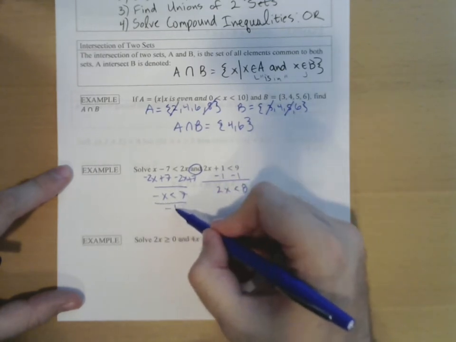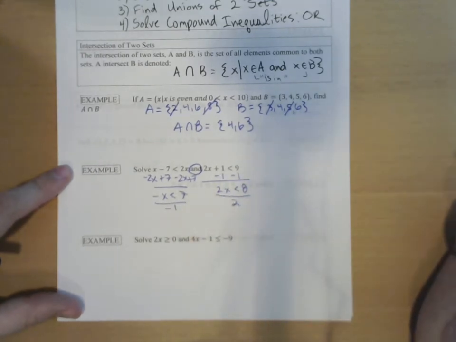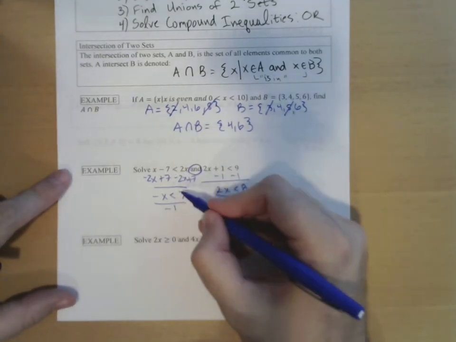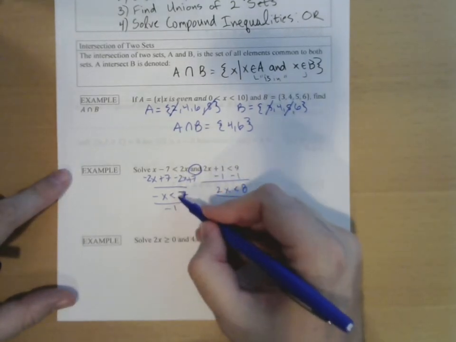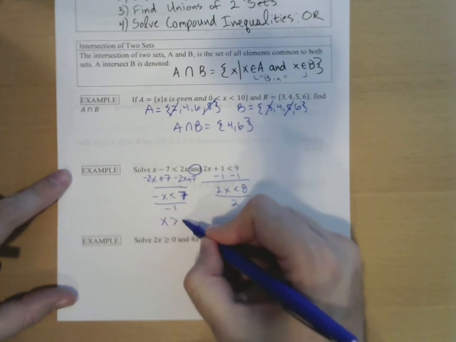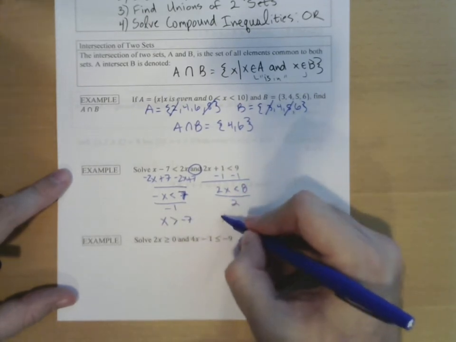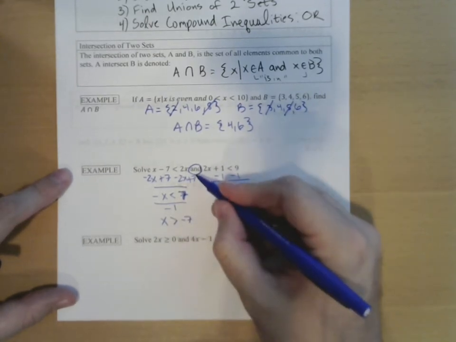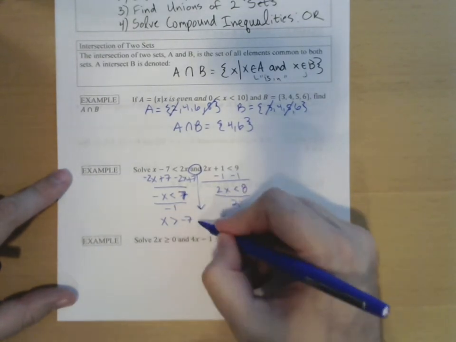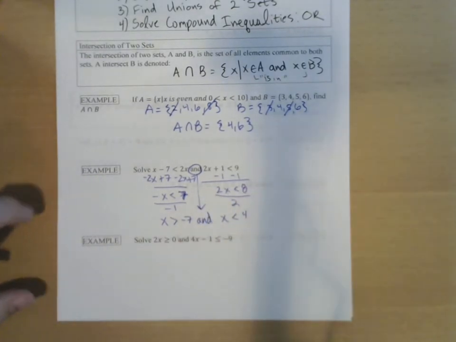So then we divide everything by negative 1, divide everything by 2. Now remember, when you divide an inequality by a negative, you have to flip your symbol. So this is x greater than negative 7, and this is x less than 4. And we take this "and" symbol, and we stick it right in there. So our solution is x is greater than negative 7, and x is less than 4.